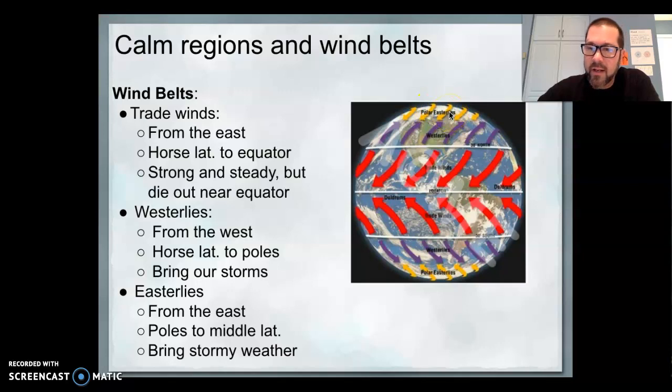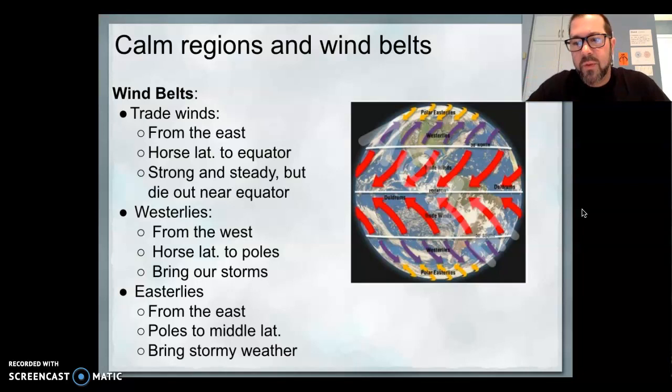They're the yellow areas here on this particular image. And they blow from the east to the west, from the poles to the middle latitudes, and they will also bring some stormy conditions.